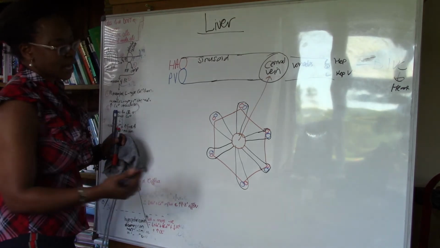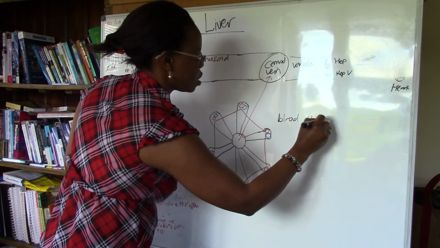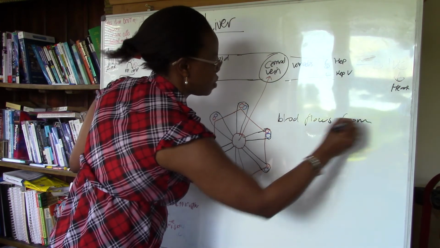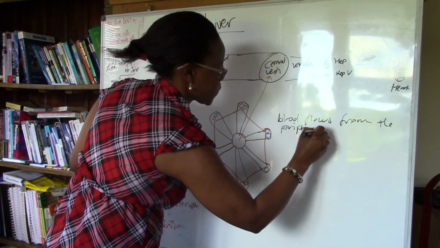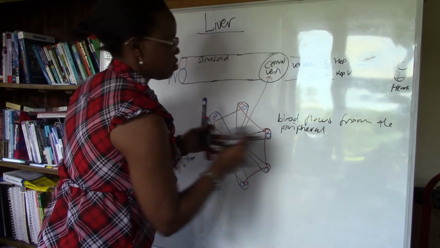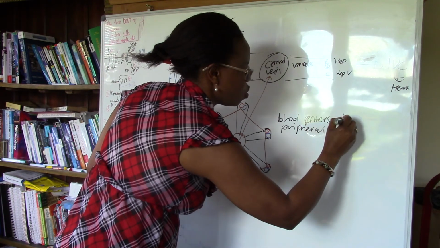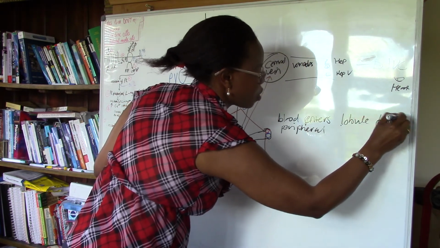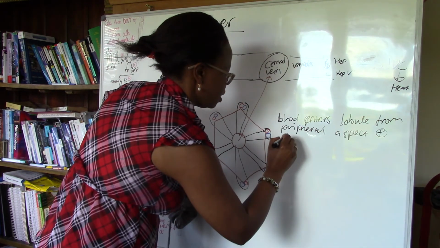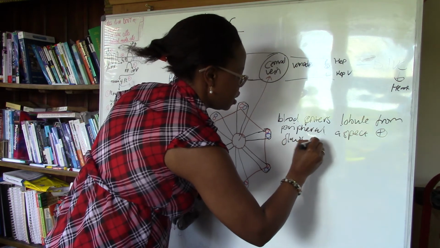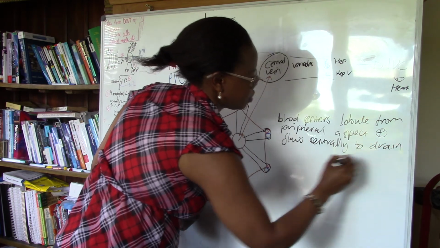So then really we can say in the lobule, blood enters the lobule from the peripheral aspect and flows centrally to drain into the central vein.